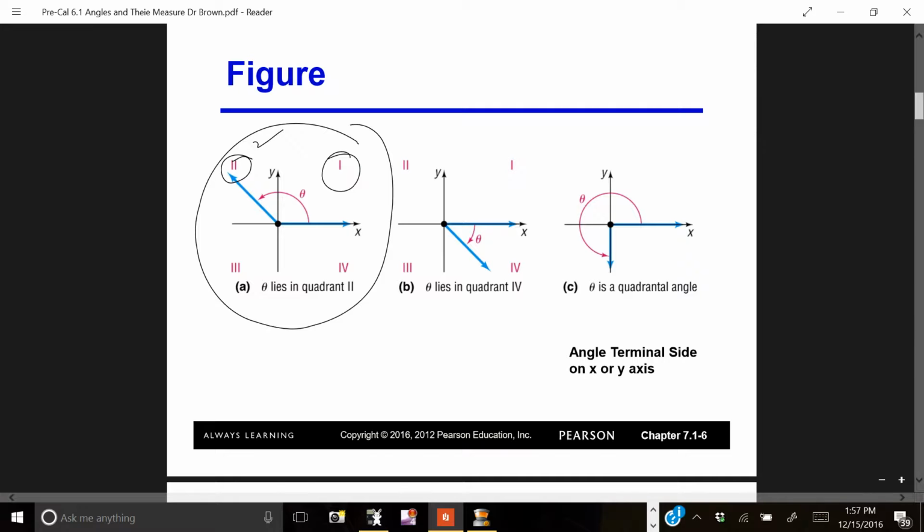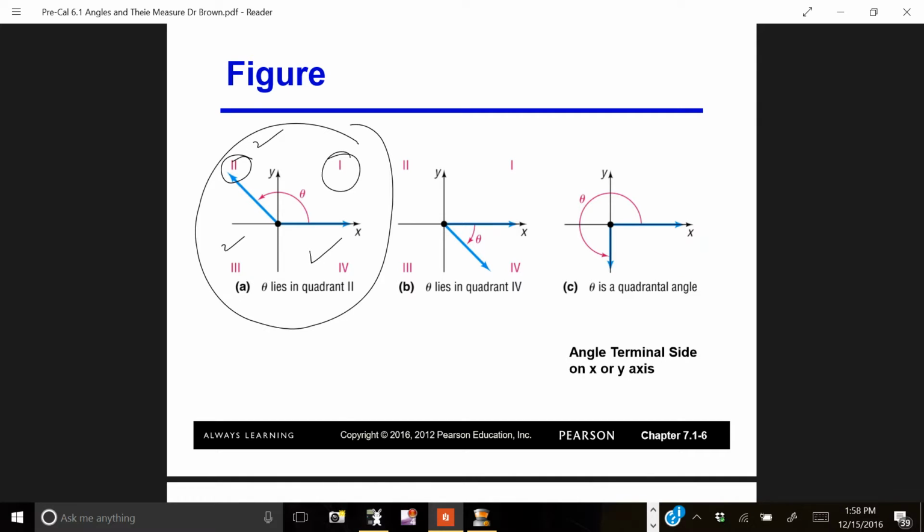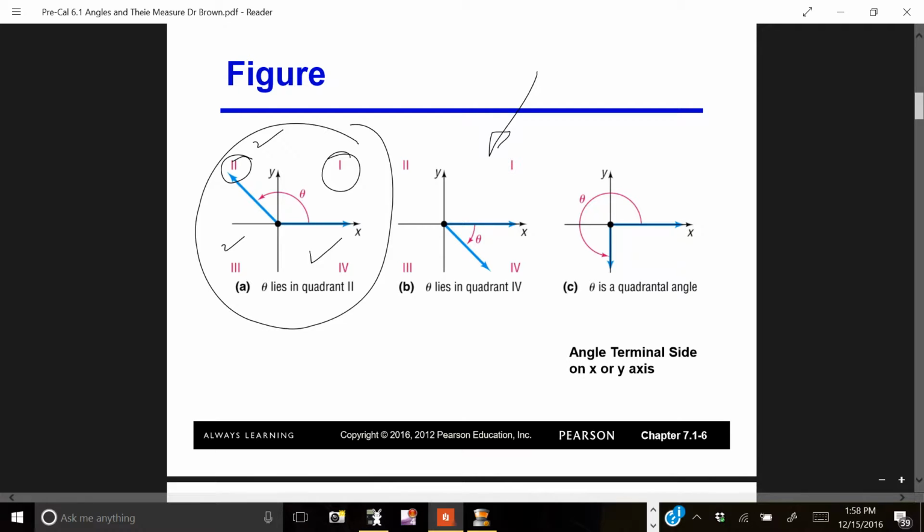We're in quadrant 2, then quadrant 3, and then quadrant 4. In this particular case, the angle, we say, lies in quadrant 2. In this case, the angle is a negative angle, and it lies in quadrant 4.